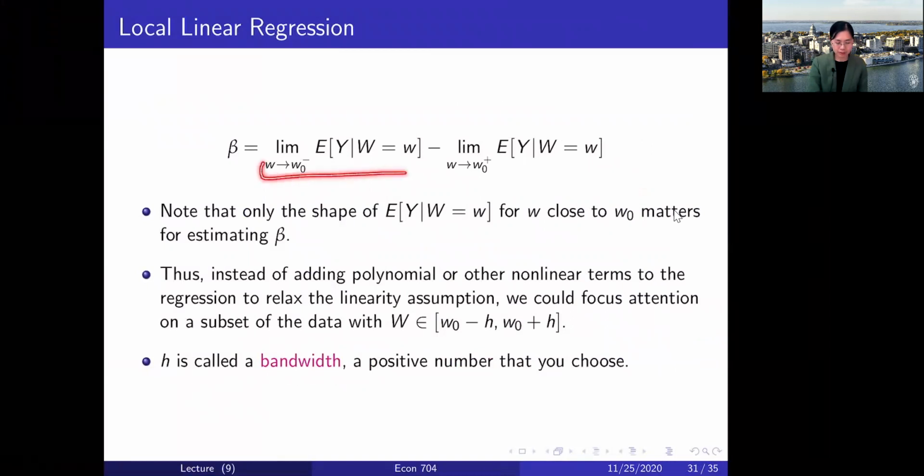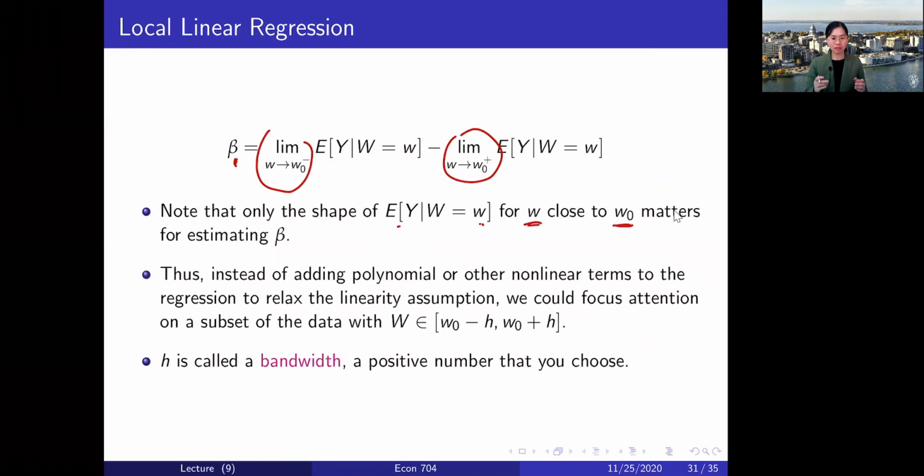And because of this, beta 1 equals the limit of the conditional expectation of Y given W on the left side of W0 and the limit of this same function on the right side. Notice that because beta 1 is the difference of these two limits, the shape of this function E[Y | W = w] only matters for W close to W0.